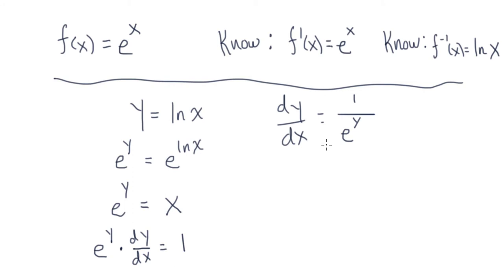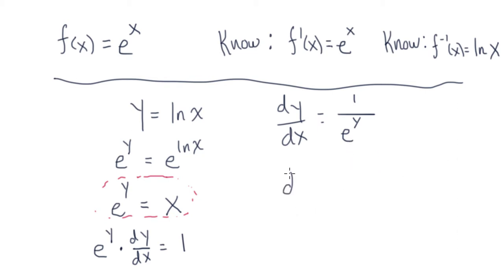But wait a second. This doesn't make a lot of sense because we have dy over dx is equal to 1 over e to the y. My derivative function should just be a function of x. But what is e to the y? e to the y is actually equal to x. So using this relationship, I can just substitute in x for e to the y.